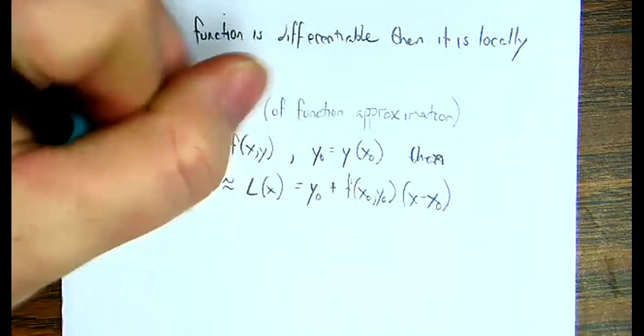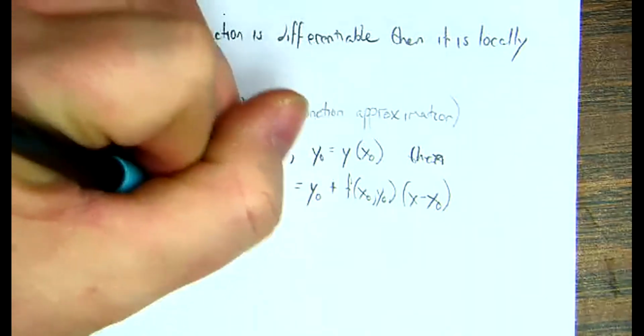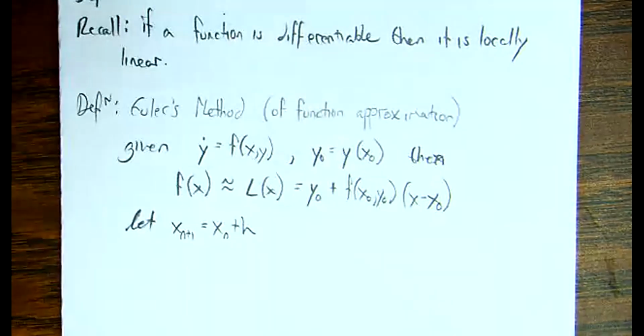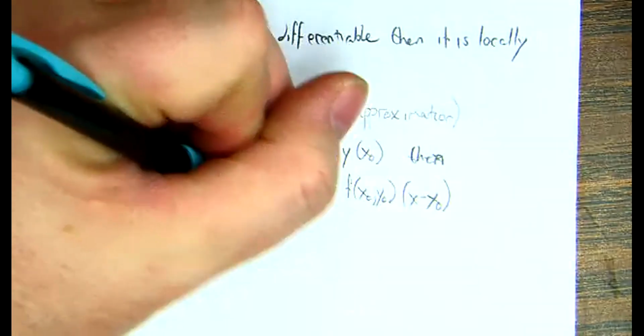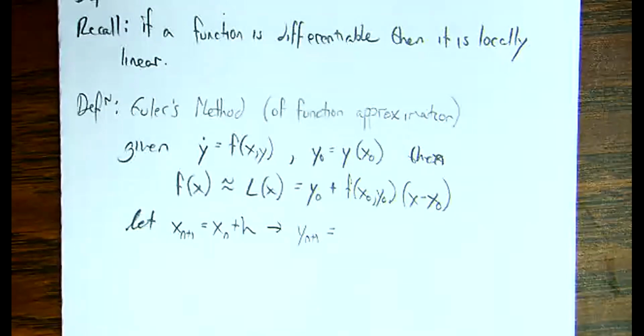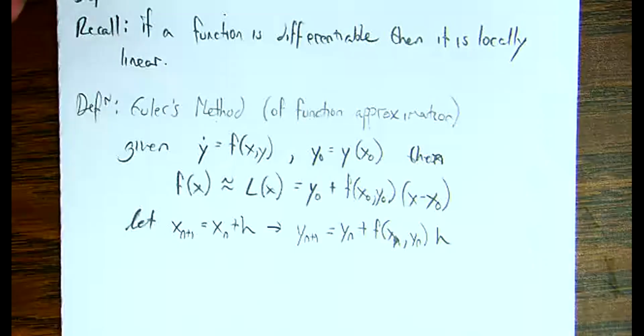So when we let the next x value be equal to the previous x value plus our step size, this new y value that we get can be rewritten as the old y value plus f evaluated at the previous point, so x_n and y_n, times our step size h.